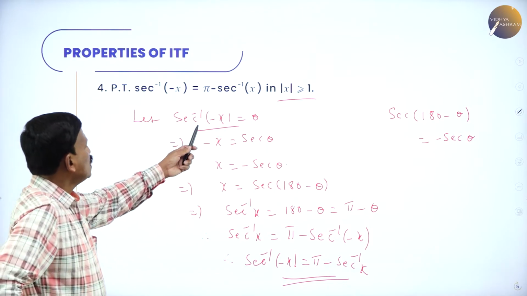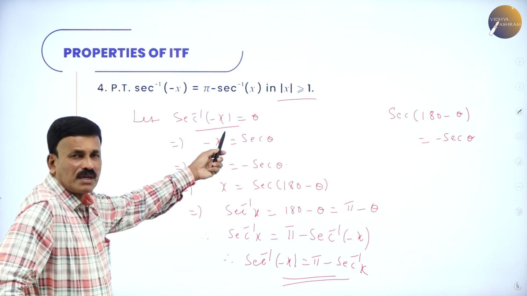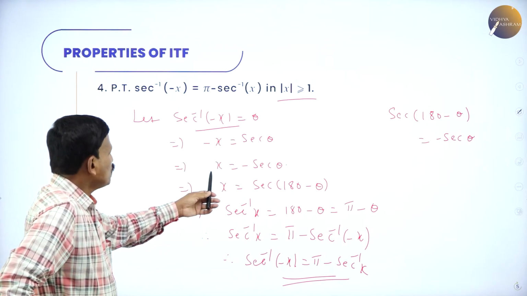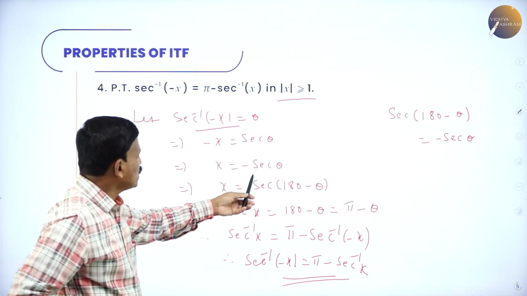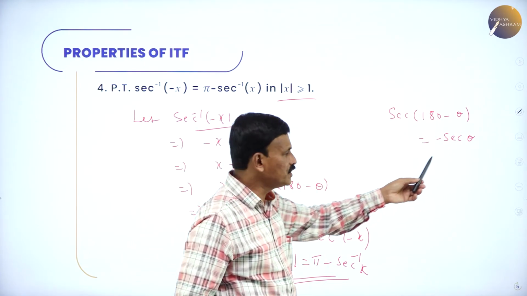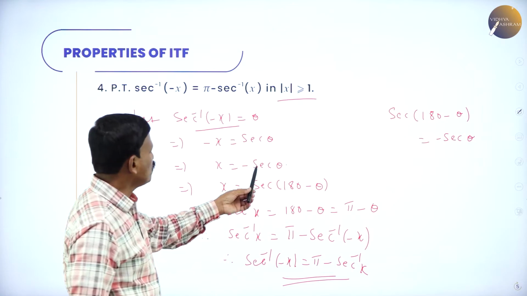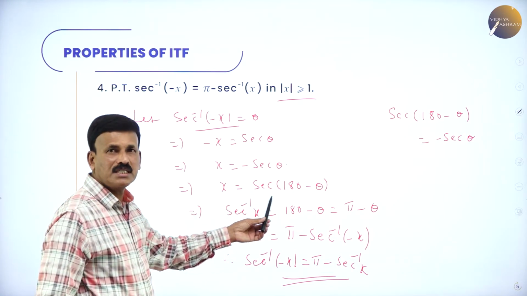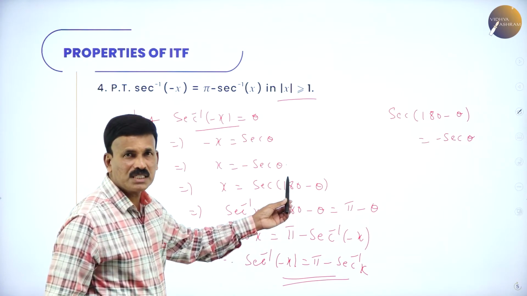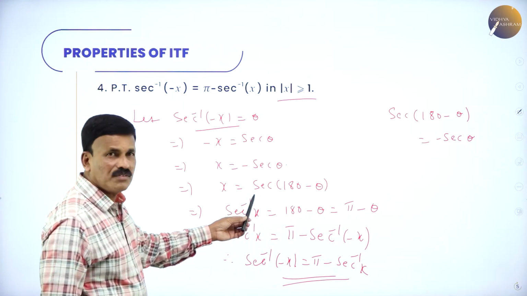Let us consider secant inverse of minus x is equal to theta, minus x is equal to secant theta. Multiply by negative sign, x is equal to minus secant theta. Since secant 180 minus theta is equal to minus secant theta, x is equal to minus secant theta can be written as secant 180 minus theta. So take inverse for this.